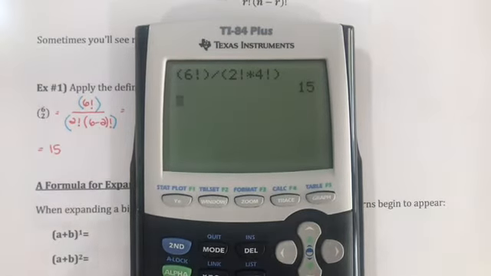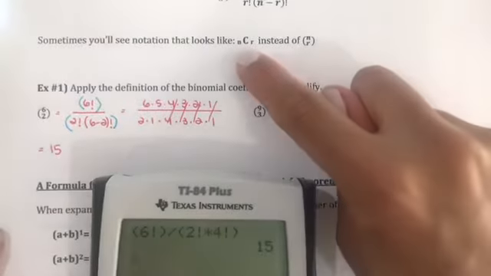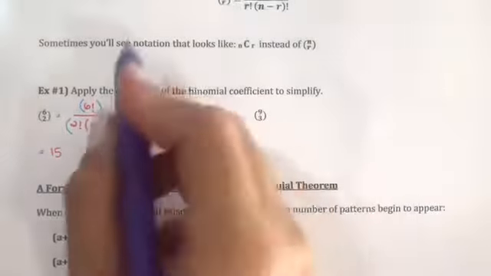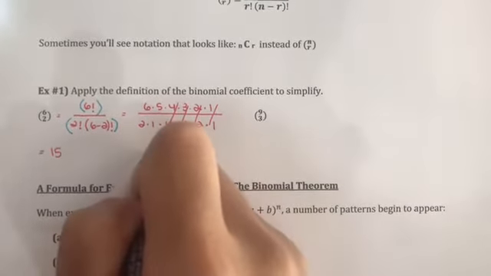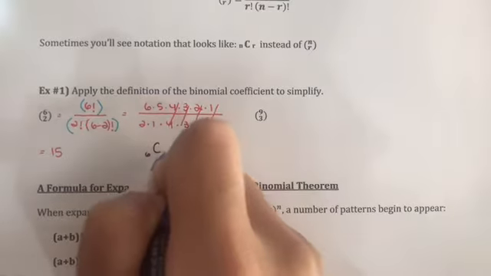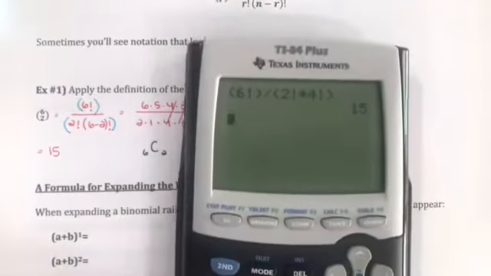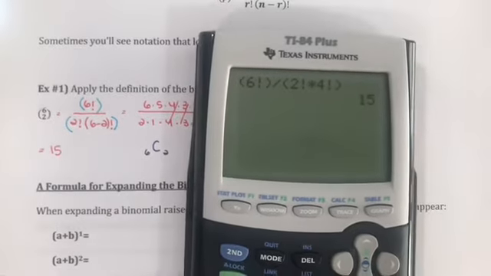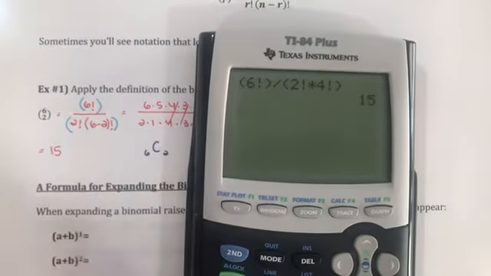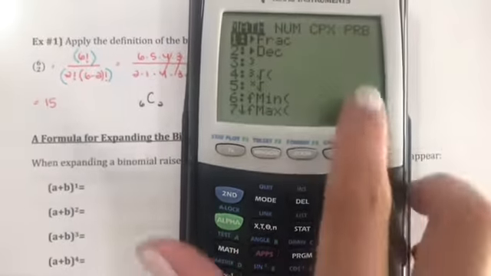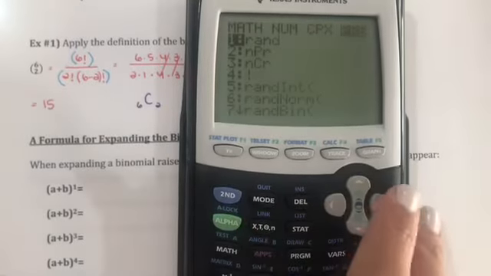Now the third method is using our other notation, nCr. If I use that notation, the n comes first, so it would be 6C2. The way that we type it into the calculator is you have to type the 6 first, and then we go back into that same math menu and probability.